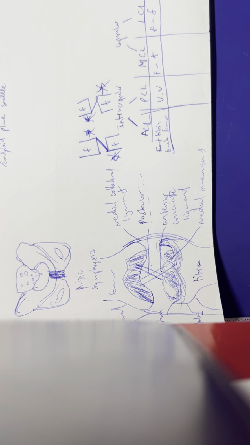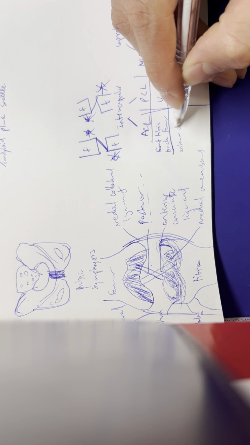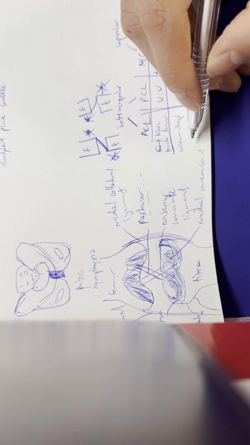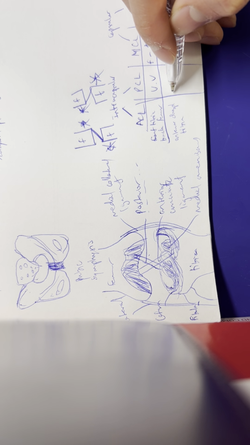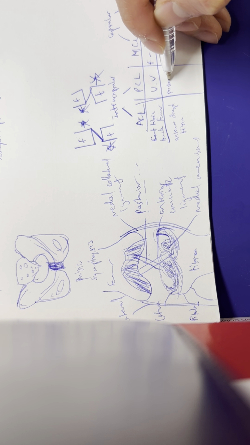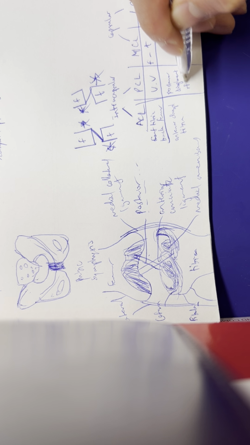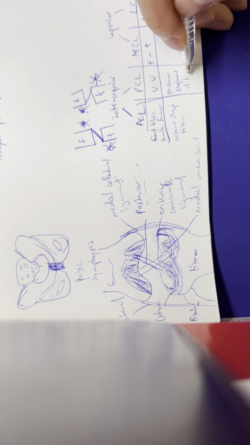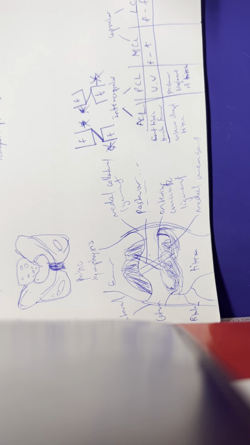And for your collateral ligaments, this is the tibia, femur, it's a tibia, my bad. There you go.